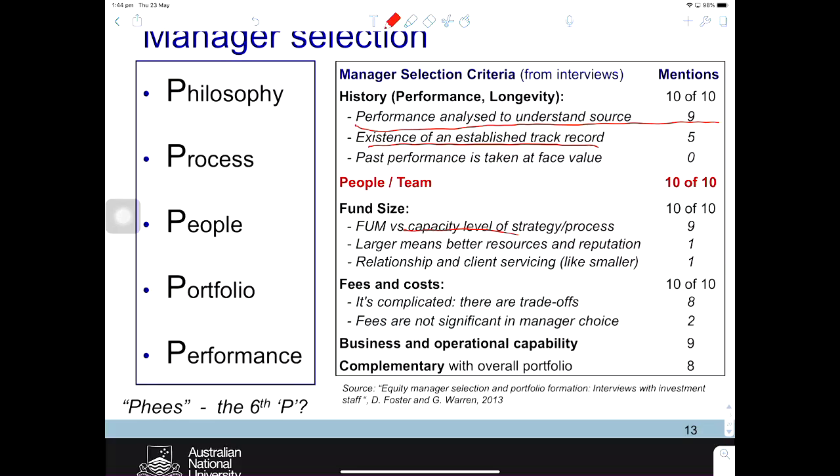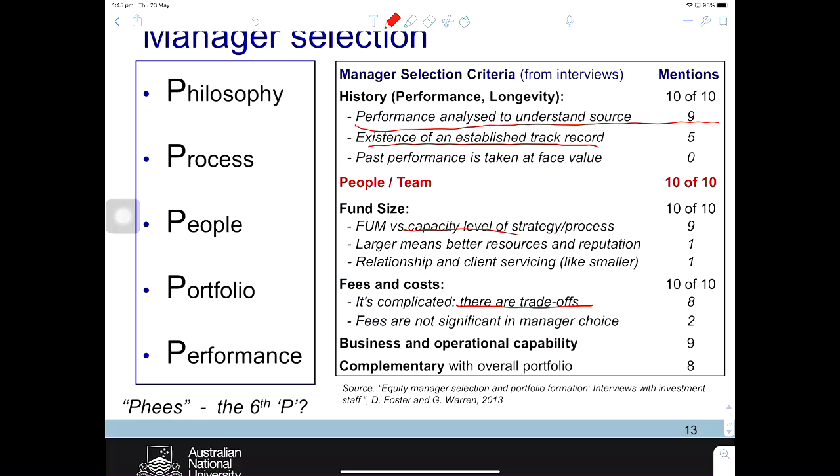And lastly, for institutional investors, 8 out of 10 will say, okay, we don't really choose the cheapest managers. With the sheer size of the funds under management, they might be able to negotiate a lower fee, and they probably don't worry too much about the fee, but they are more concerned about the expected performance of the fund.